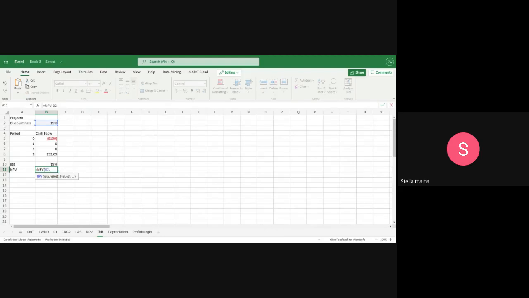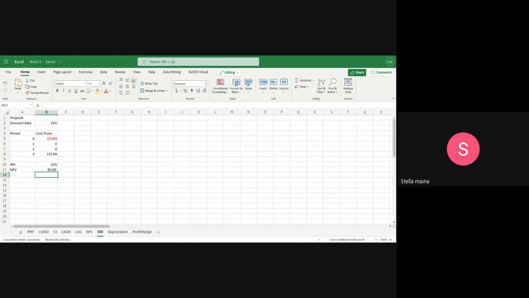B2, the cash flows, that is from B6 up to B8, close my bracket, plus B5, my initial investment. So with that, you can see now the NPV is 0.00. Yeah, you can see that has worked perfectly.